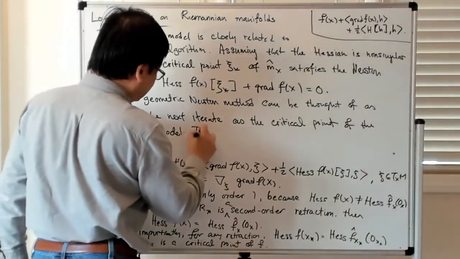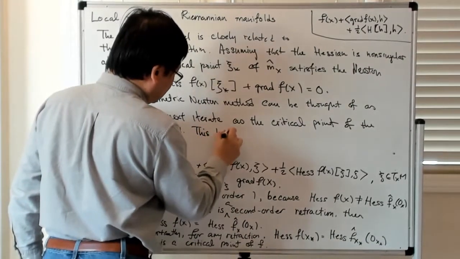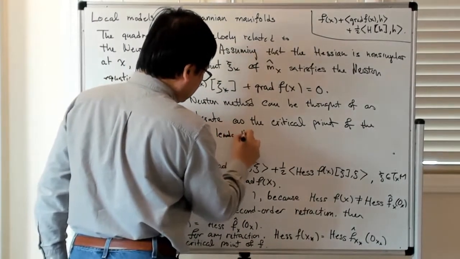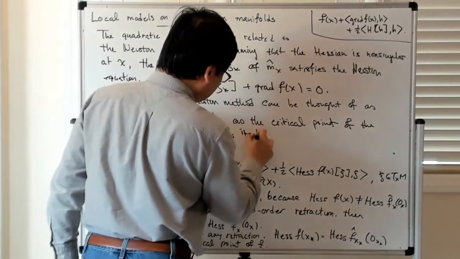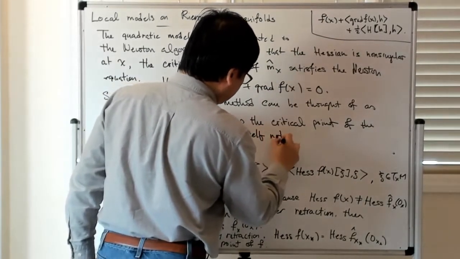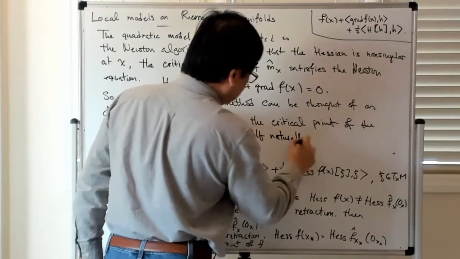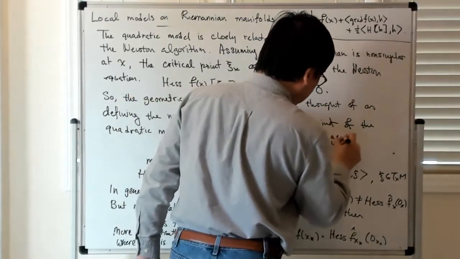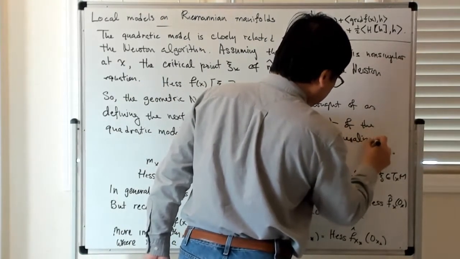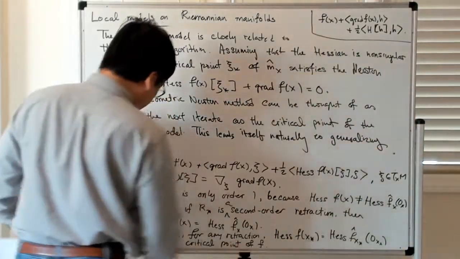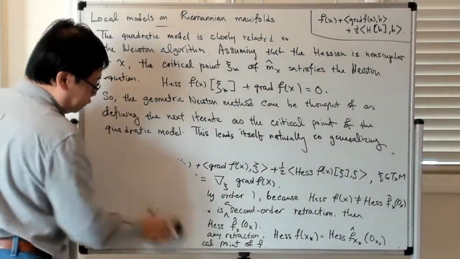So this lends itself naturally to generalizing trust region methods to Riemannian manifolds.